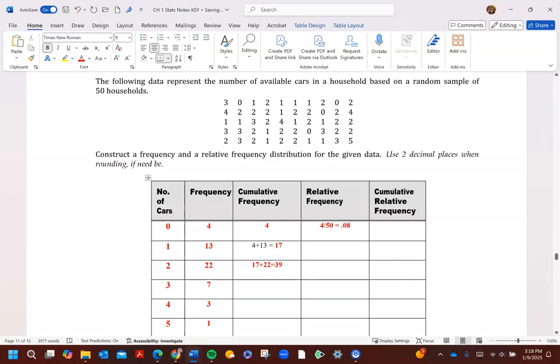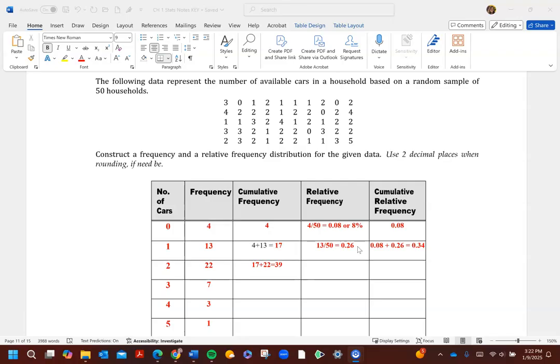A lot of times we want to write 0.08 just so it looks nice and tidy and proper. You could also write that as 8%. Okay, so that is an option there.